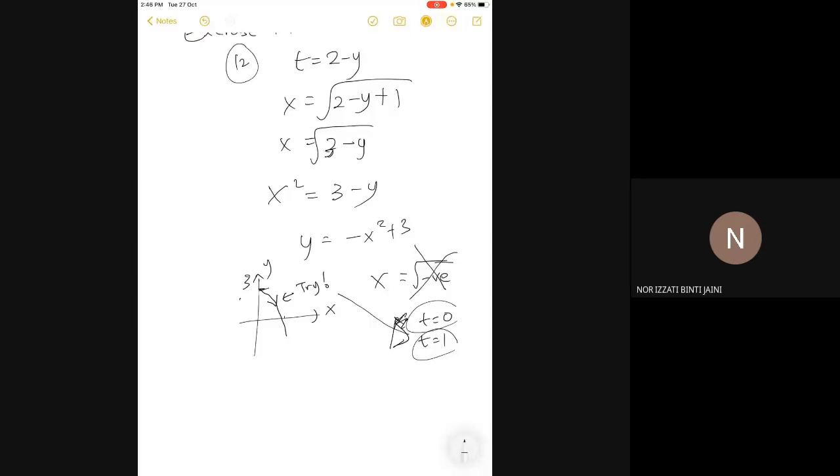Okay, can we move to 1.3 or do you have any questions still in 1.2?